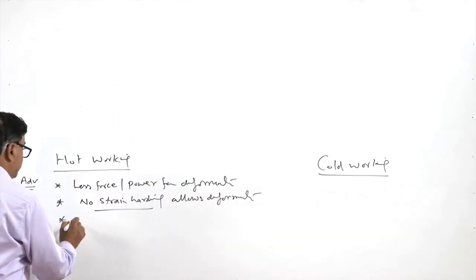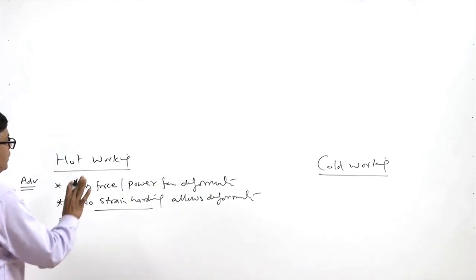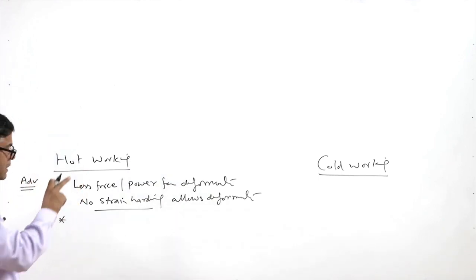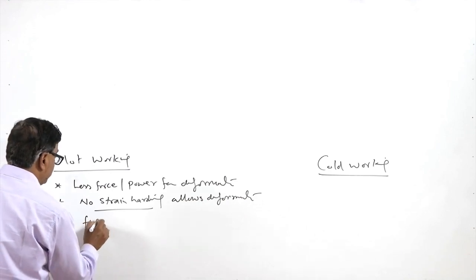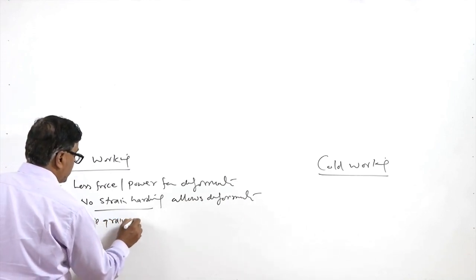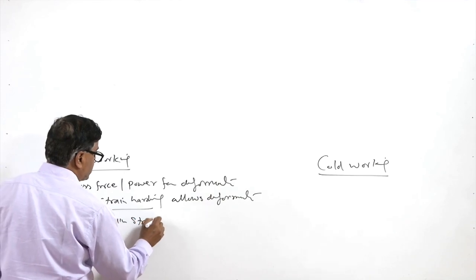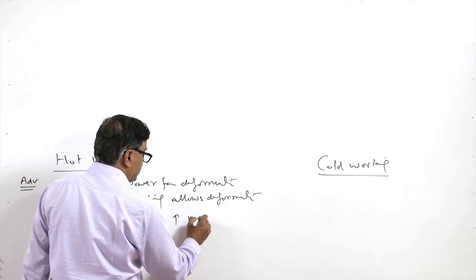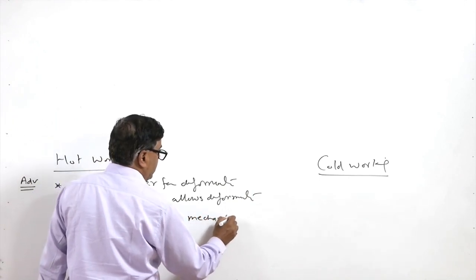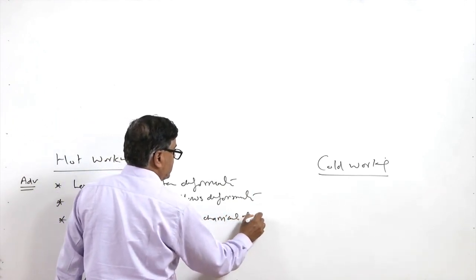The third one is that very controlled deformation at the high temperature leads to a fine grain structure. The fine grain structure basically helps in improving the mechanical properties of the metals.